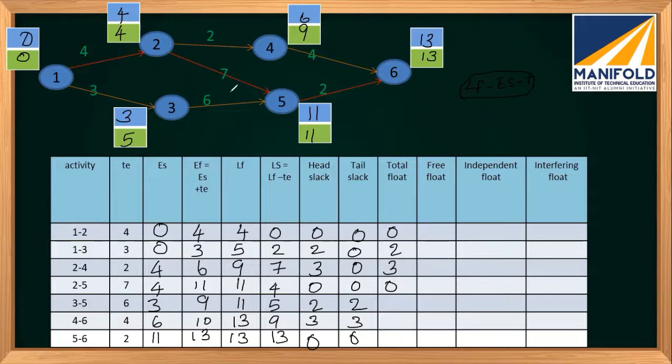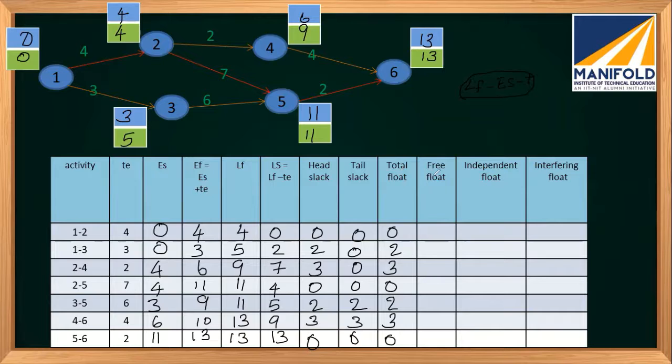For 3, 5, it will be 11 minus 6 minus 3, 6 plus 3, 9, so 2. For 4, 6, it will be 13 minus 4 minus 6, 3, and this will be 0. 13 minus 2 minus 11.